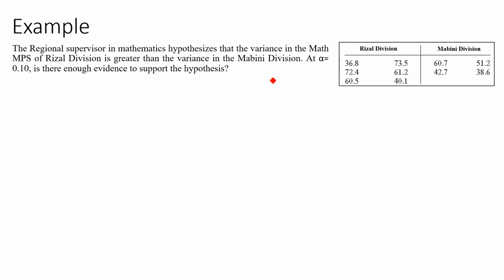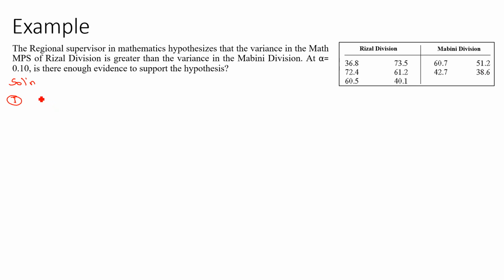So to solve this one, for the solution, step one, what we are going to do is state the hypothesis and identify the claim. In this case, the regional supervisor hypothesizes that the variance of the math MPS of Rizal division is greater than the variance of the Mabini division.